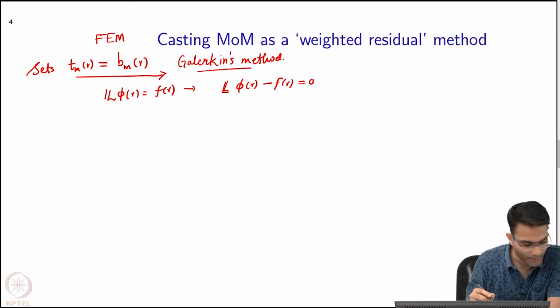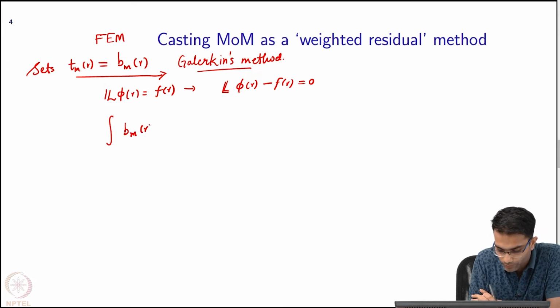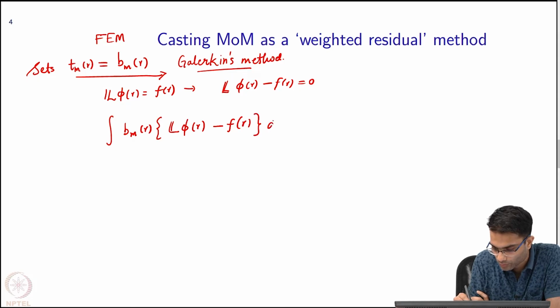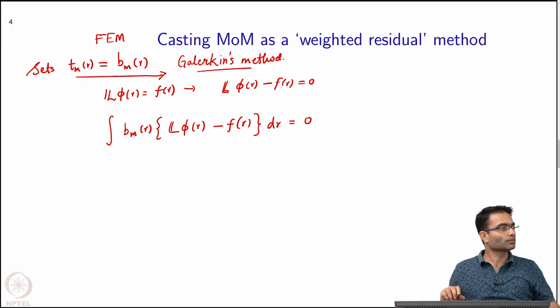So, what does that basically mean? It means that an integral over, so this is testing, right. This is the same as step 2 earlier, testing with a testing function.